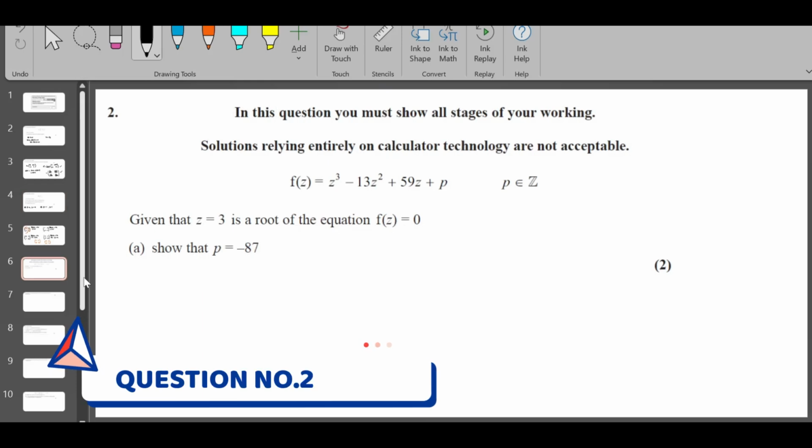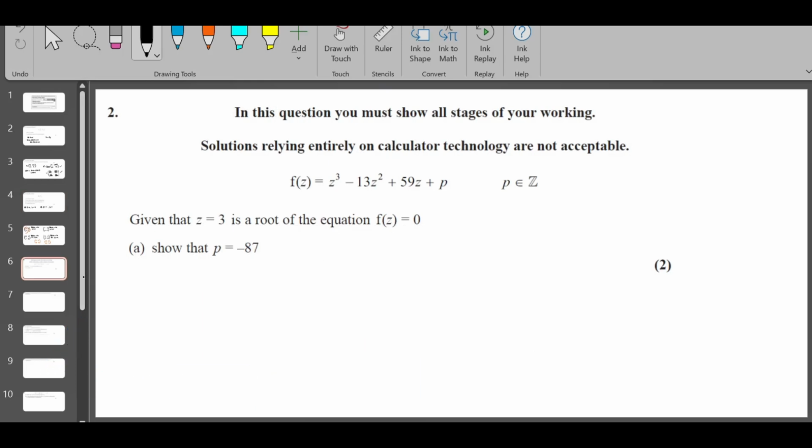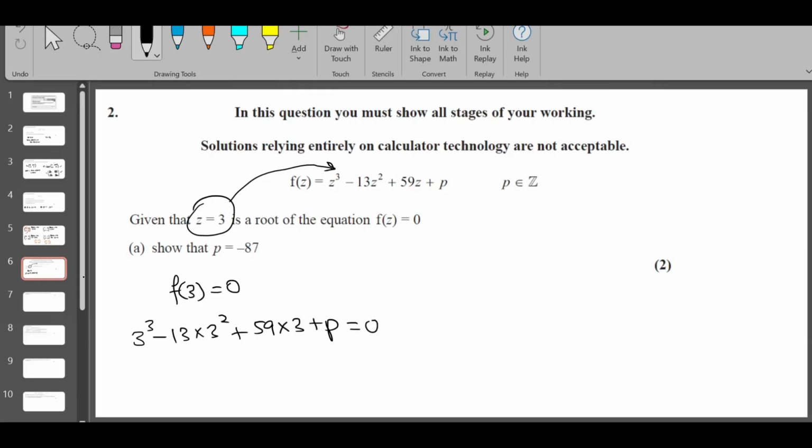Question number 2 now. Show that P is negative 87 where Z is equal to 3 is a root of this equation. If Z is equal to 3 is a root, if you replace Z by 3 here, you will get 0. That means f of 3 will be 0. So that's 3 cube minus 13 times 3 square, plus 59 times 3, plus P is 0.